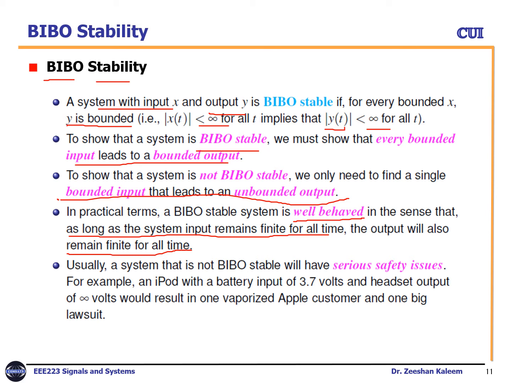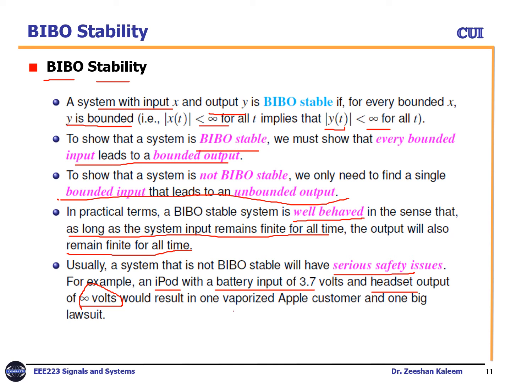Usually a system that is not BIBO stable will have some serious safety issues. For example, we can discuss a daily life example: an iPod with a battery input of 3.7 volts. You are inputting 3.7 volts from the battery, and the headset output gives you infinite volts. It means that you will die, right?